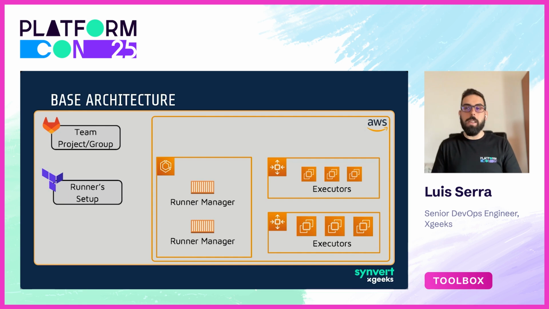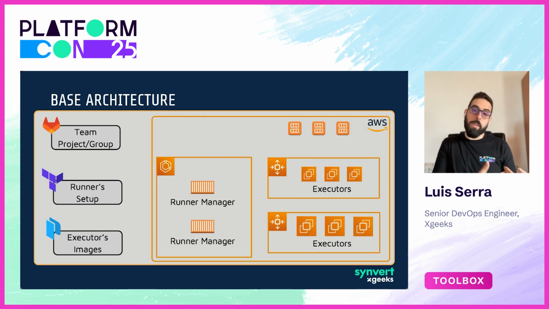Based on that, and assuming that all the executors are EC2 instances or virtual machines, we rely on Packer from HashiCorp to build our own AMIs, or for the users to build their own, what we call custom AMIs, Amazon Machine Images, where they can build upfront some images with some tools already installed in order to improve the performance of their pipeline executions.